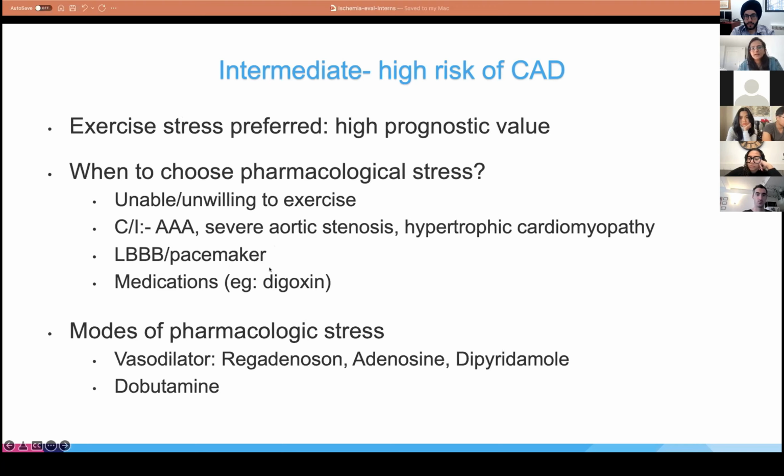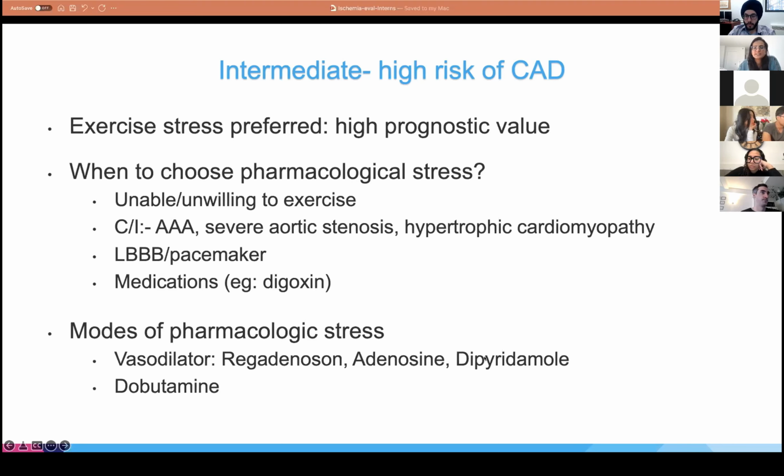And then other patients who are on digoxin, again because of their baseline ST-T abnormalities, we would choose pharmacologic stress over exercise. We could use a vasodilator, which is what is used in stress cardiac MR and stress nuclear. So we use regadenoson, adenosine, and dipyridamole.